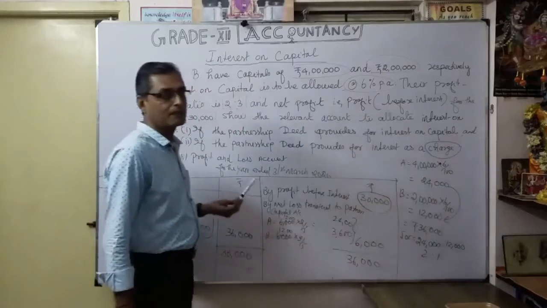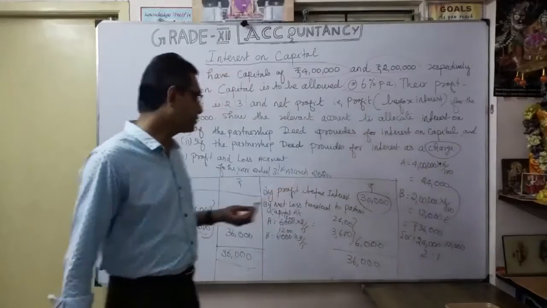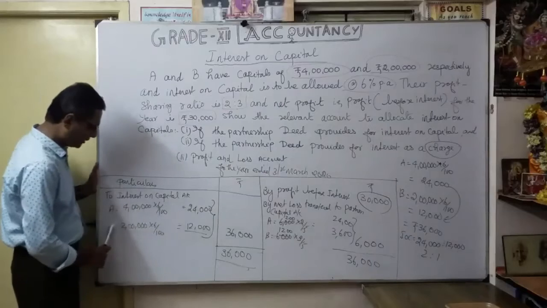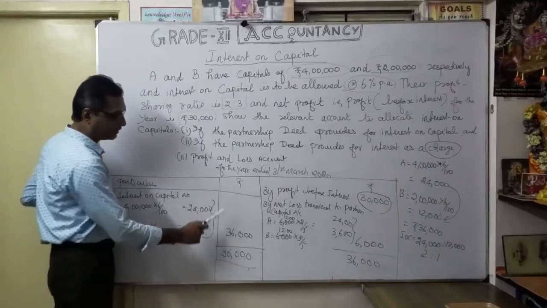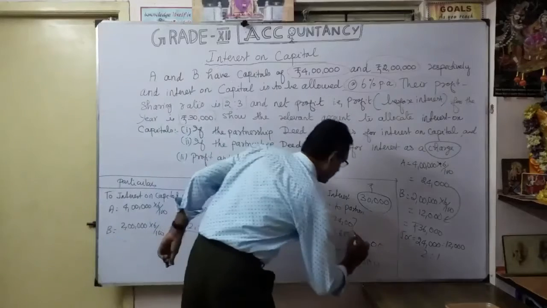But here, as a charge against profit, you show all 24,000 as A's interest on capital and 12,000 as B's interest on capital. The 36,000 gives you a loss of 6,000.